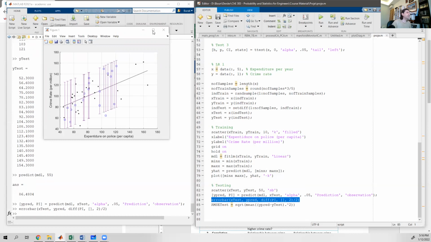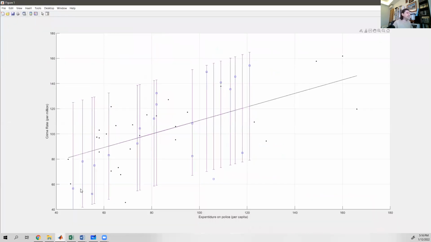See it from this perspective: the circular points are for the training data, whereas the squared samples are for testing data. So for each test data, the estimate is on the line. Here, for instance, this is the estimate, and this is the prediction interval.